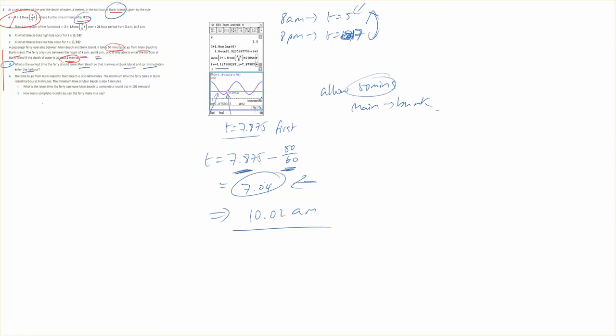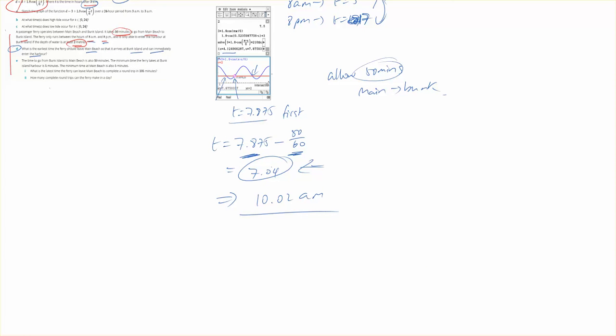What is the latest time the ferry can leave Main Beach so that it completes the round trip of 105 minutes? If we look at this value, there's a third intersection. This is the latest time it can enter the harbour, otherwise the water level will fall too low.